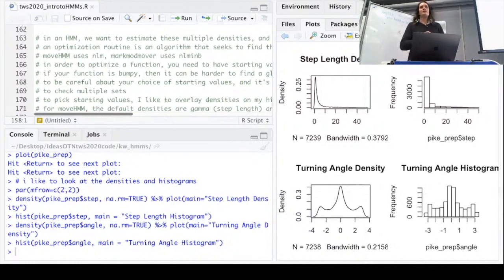So starting values, again, are one of these choices that are a little bit more subjective within a model, and they can definitely give rise to different parameter sets and parameter values and model fits. And so it can be pretty important to test these models with multiple different starting values. Sometimes it gives rise to different model fits, other times it doesn't.